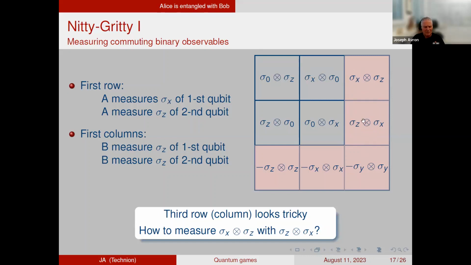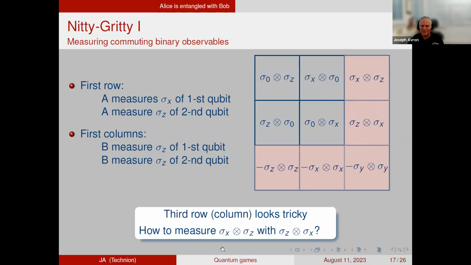So even though we tell students when we teach them quantum mechanics that commuting observables can be measured, the question arises: how do you perform in practice a measurement of these two observables? They are commuting, so there must be a way of measuring them simultaneously, but the simultaneous measurement is not going to be a simple measurement of the first qubit and a different measurement on the second qubit, because these measurements are problematic.